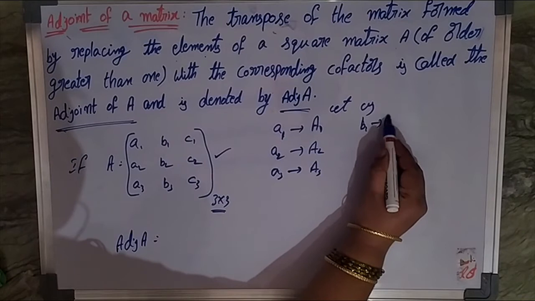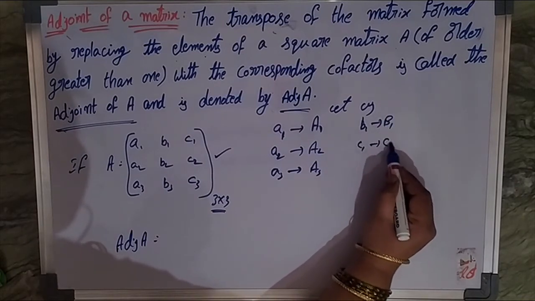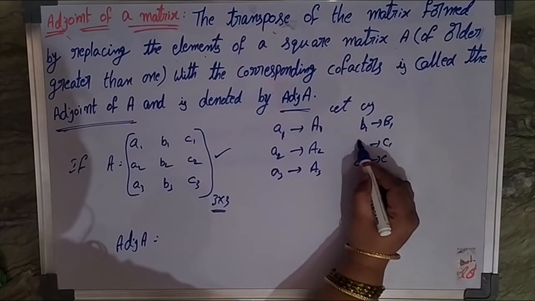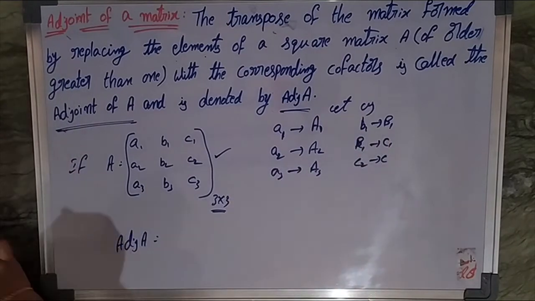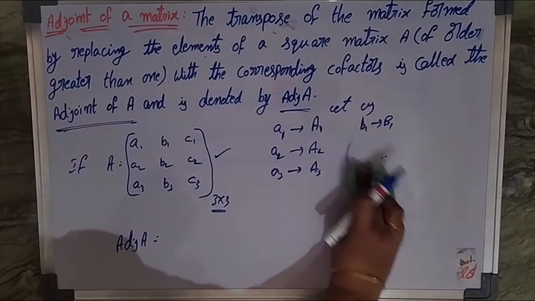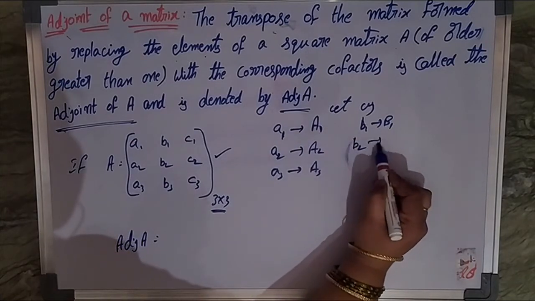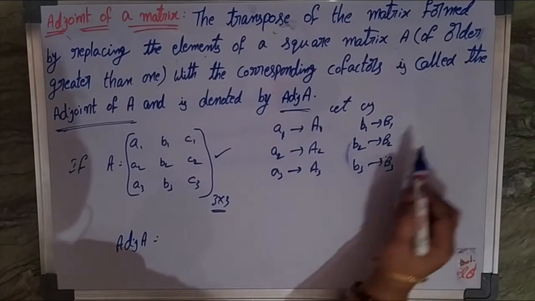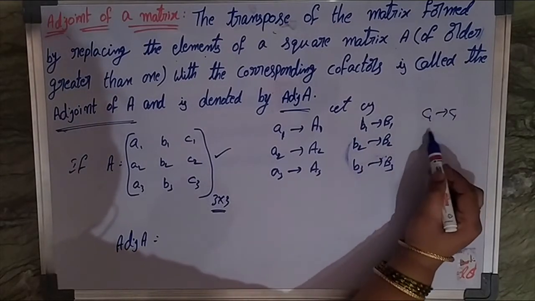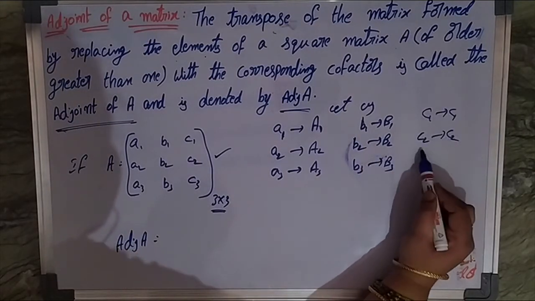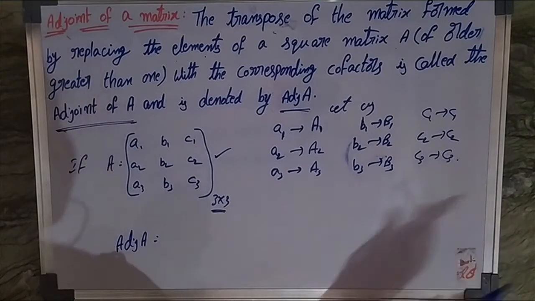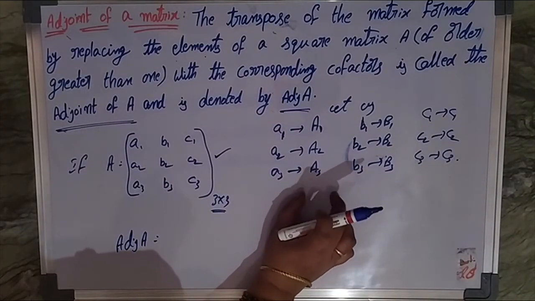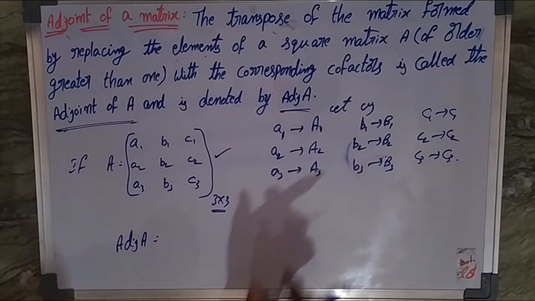Similarly, the cofactor of B1 is capital B1, B2 is capital B2 and B3 is capital B3. Similarly, the cofactors of C1, C2, C3 are capital C1, C2, C3. First we have to find the cofactor elements.